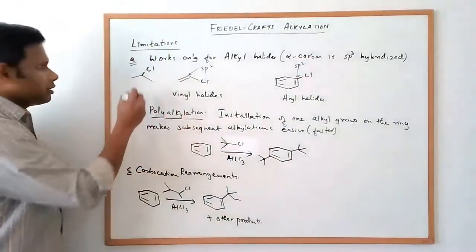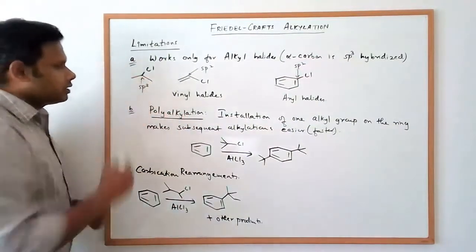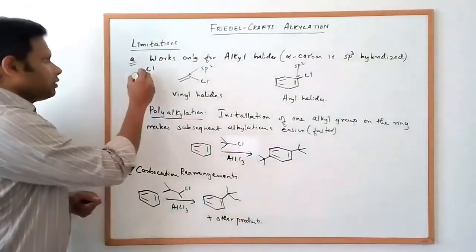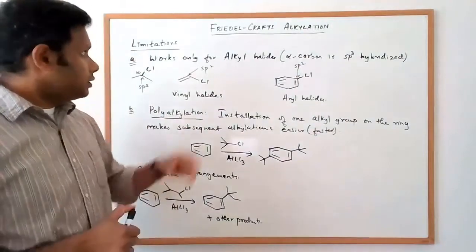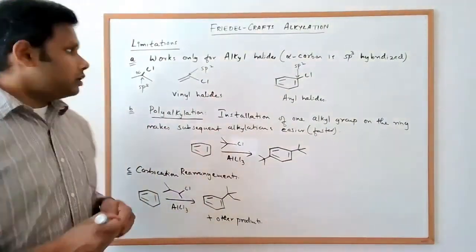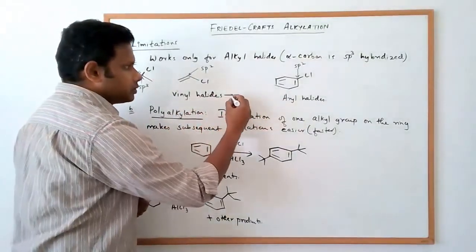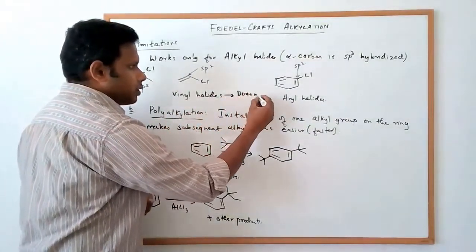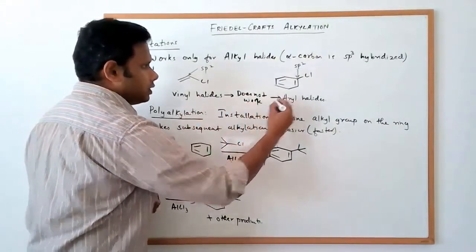In the example that we looked at before, we used an alkyl halide because the alpha carbon was sp3 hybridized. The Friedel-Crafts alkylation reaction does not work for vinyl halides or aryl halides. So it does not work for these compounds.